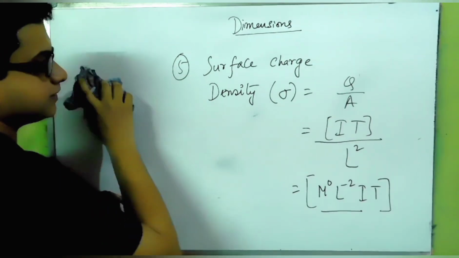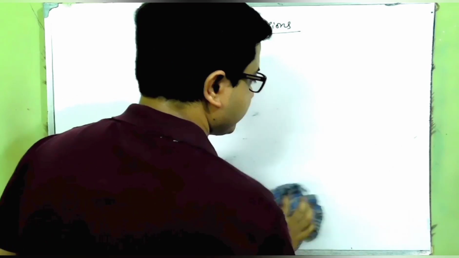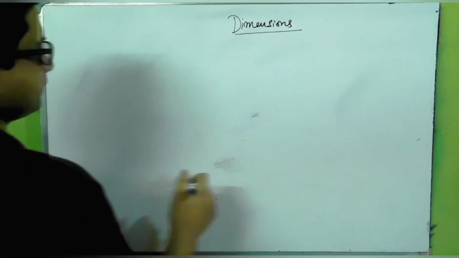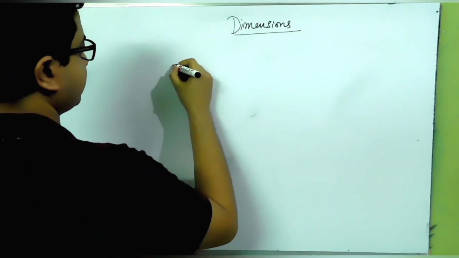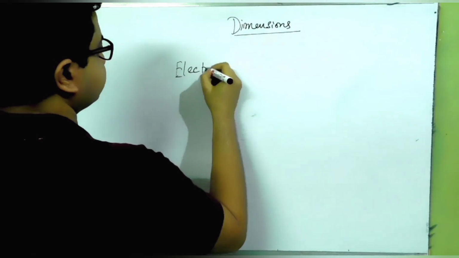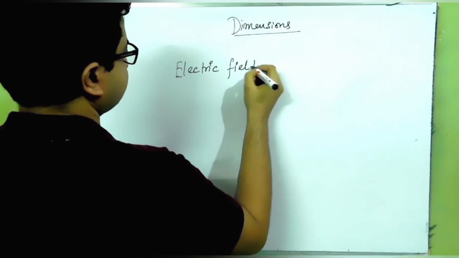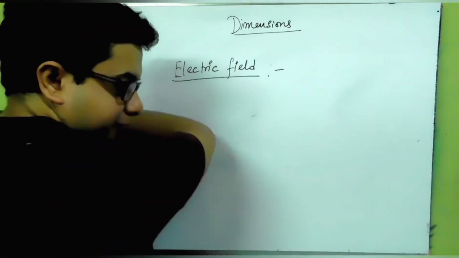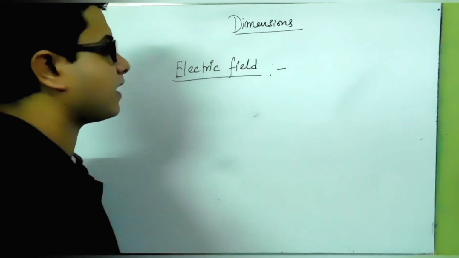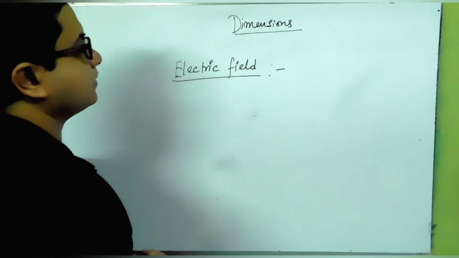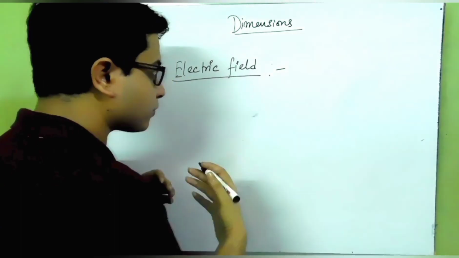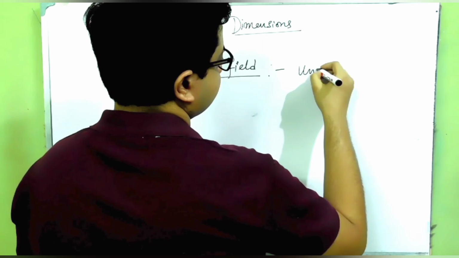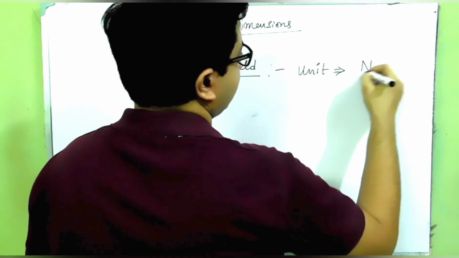And the next dimension we are going to calculate is electric field. The unit of electric field can be given in several other ways, but the shortest unit is Newton per Coulomb.